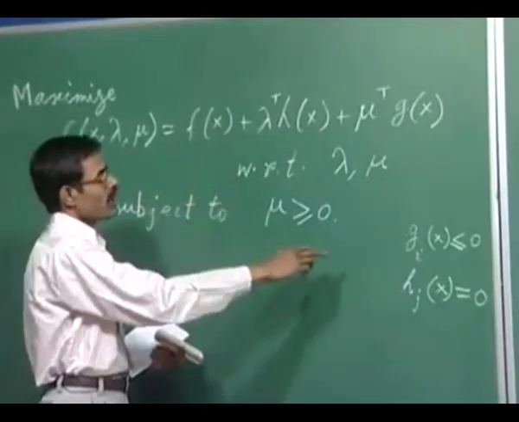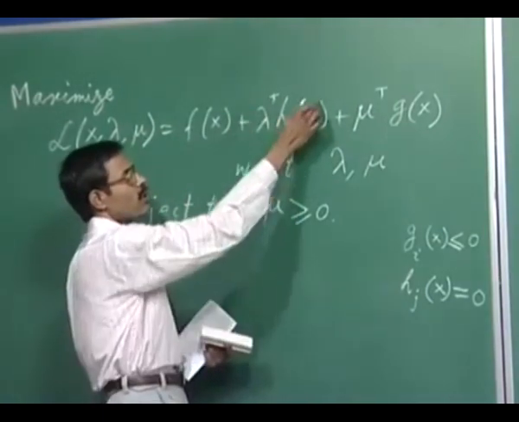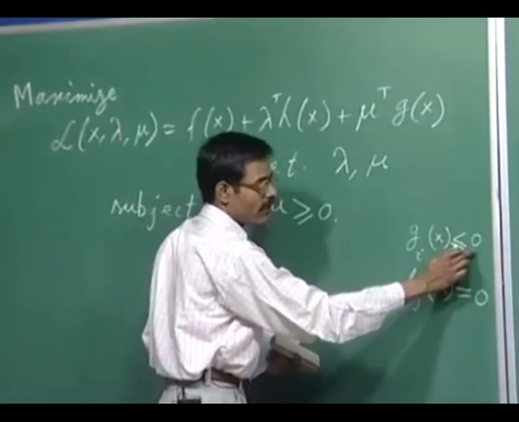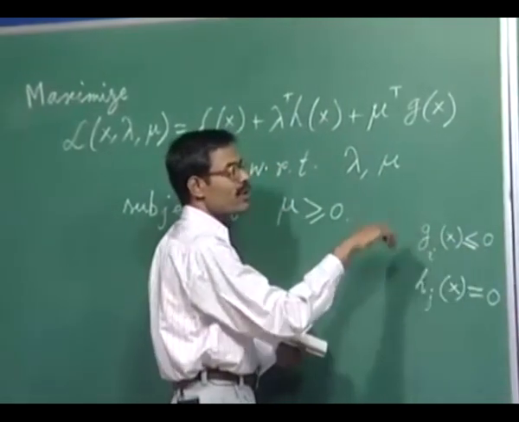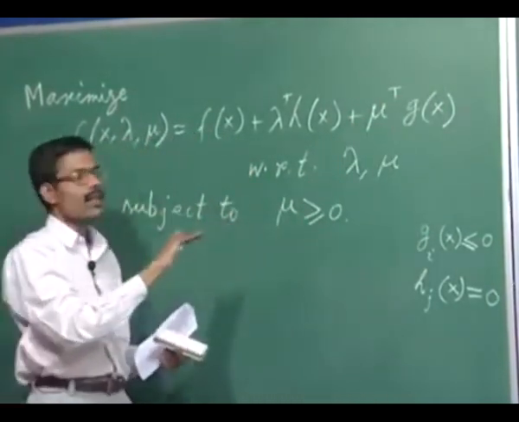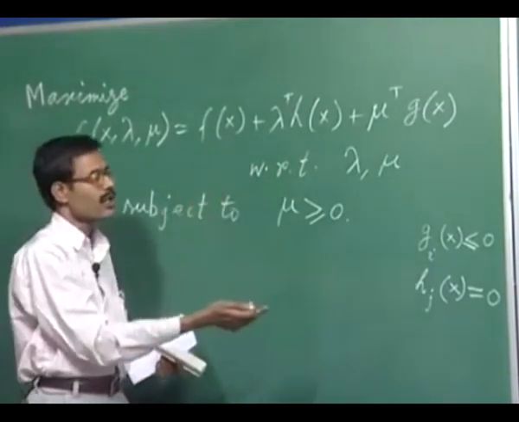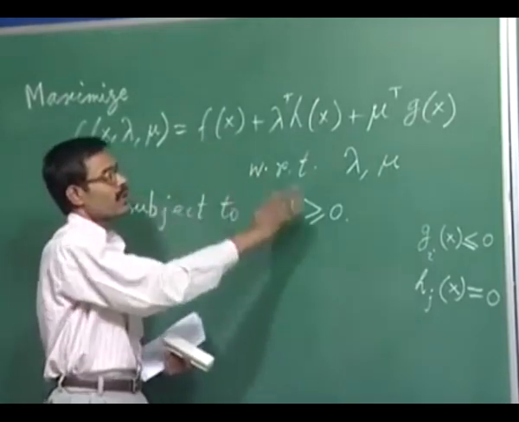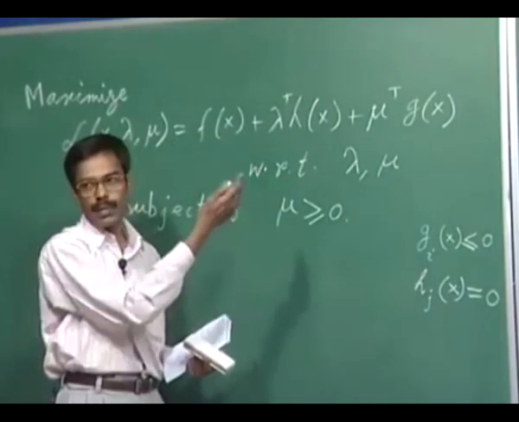So, if these are 0, then here in the contribution this whole thing will be 0, and if these are all non-negative and for negative values of gi corresponding mu's are positive, mu's are 0, then this also will be 0. So, at the solution point you will be left with only fx with the conditions which are these. That means you will be left with the function fx with these conditions. That means the feasibility of the primal problem.